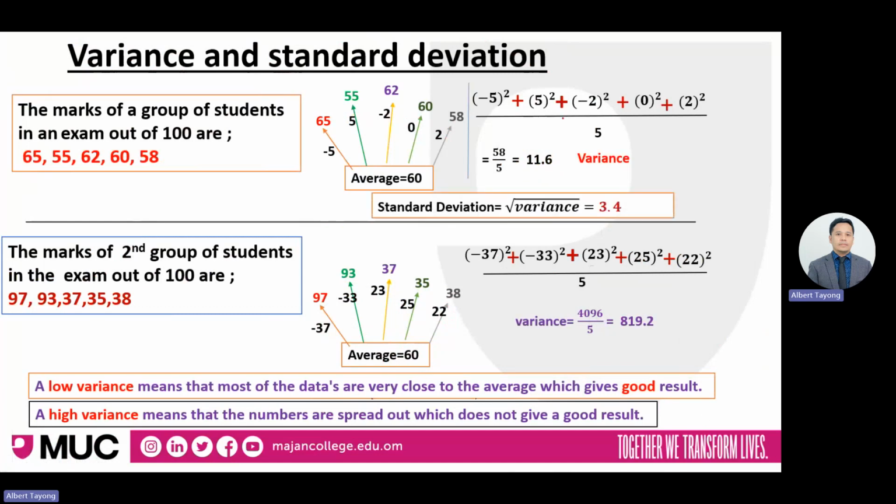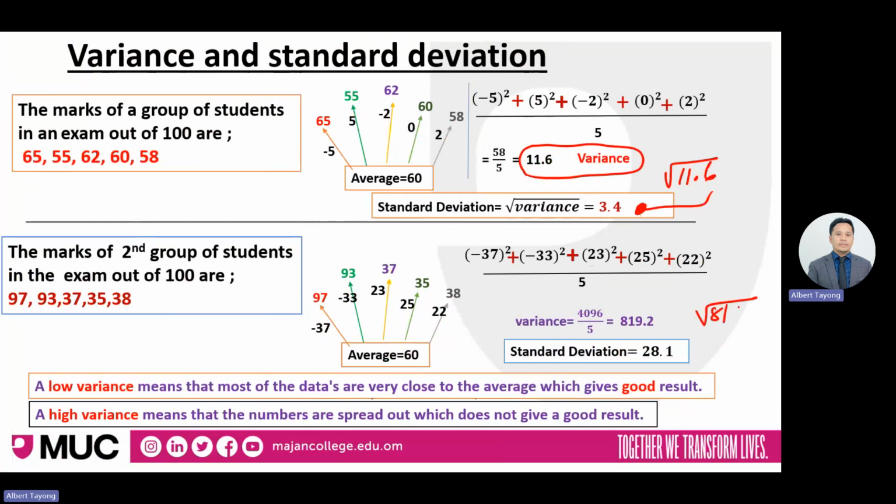To find the standard deviation, the formula is very simple: the square root of the variance. So the square root of 11.6 is equal to 3.4 something, okay? And for the second one, we have the square root of 819.2, that is 28.1.